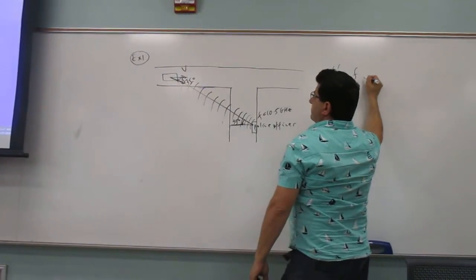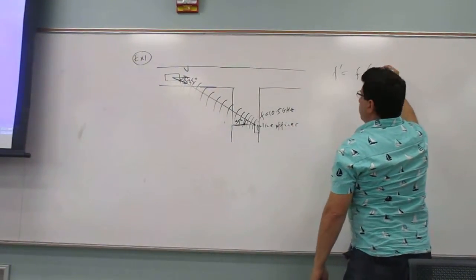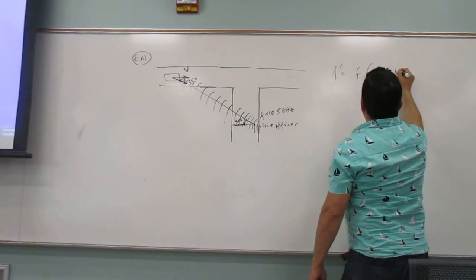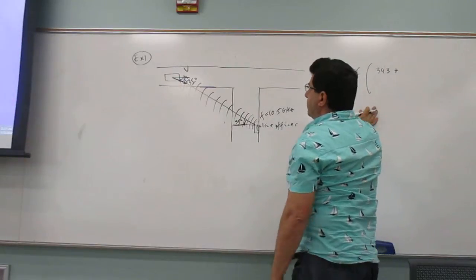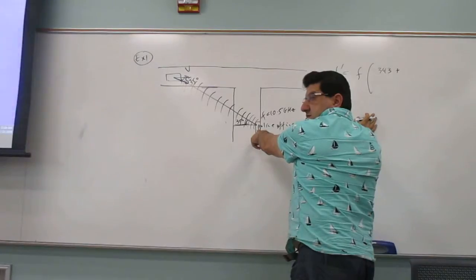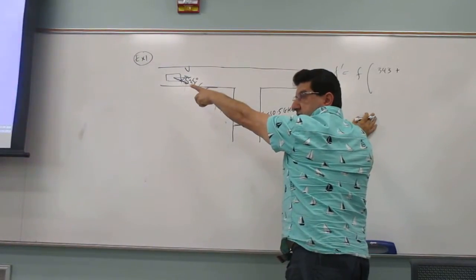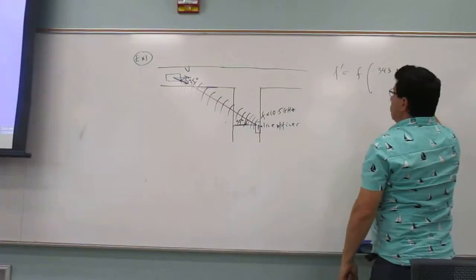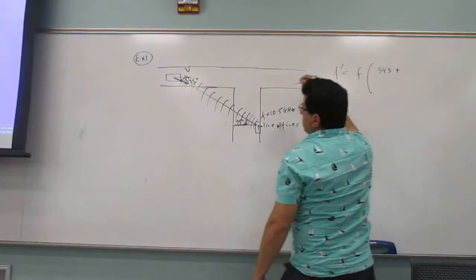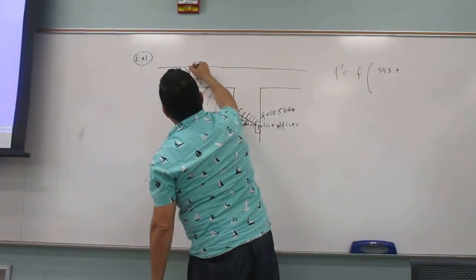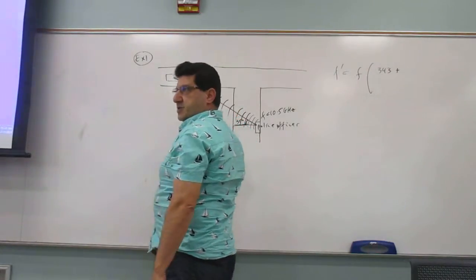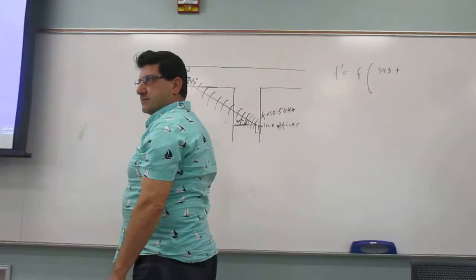F, velocity of the sound wave, 343. Let's see here. In this case, the source is not moving, right? Only the observer is moving. So he's the observer. So that means I use the top, right? The observer, and it's plus. And then it's going to be V cosine of 35 over... Right?